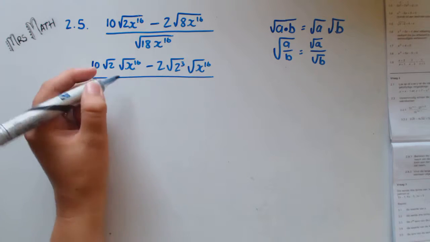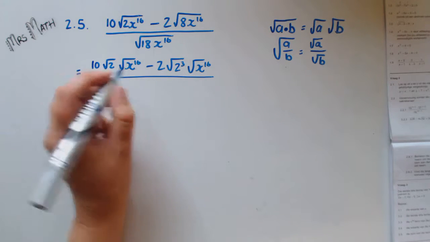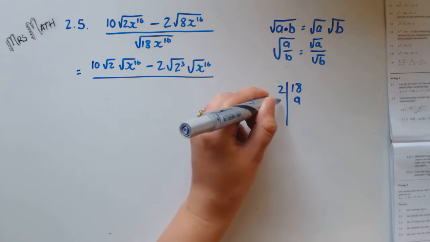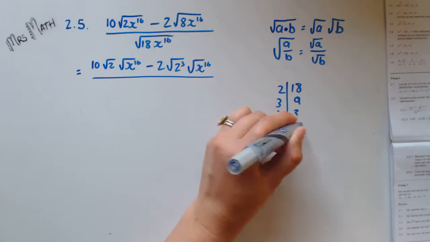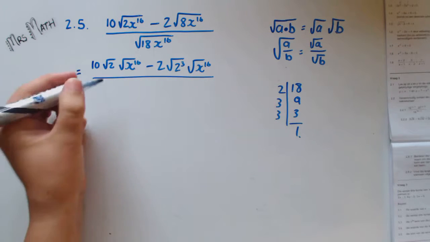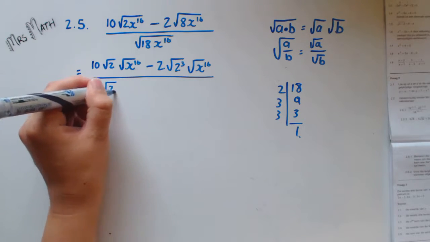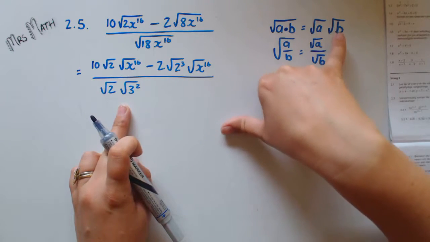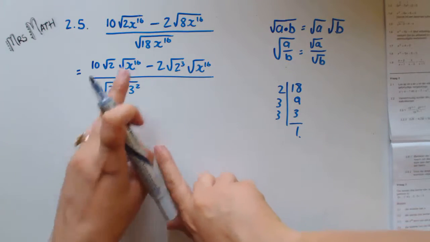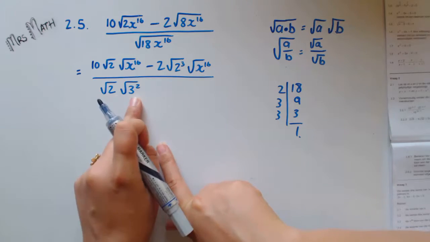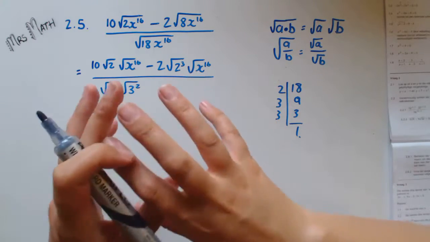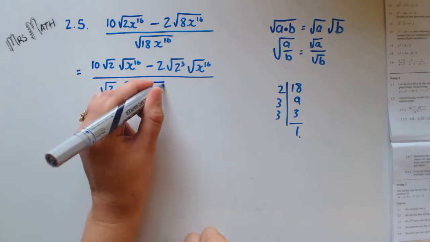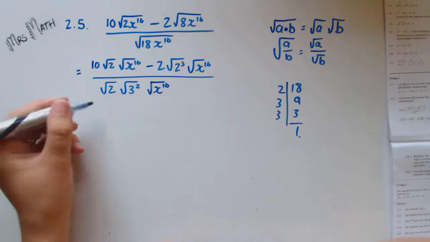And root 18, I'm going to write in prime factor form: divided by 2 is 9, divided by 3 is 3, divided by 3 is 1, so 2 times 3 squared. I also use this rule to split it into separate roots, and x to the power of 16 I also split under its own.